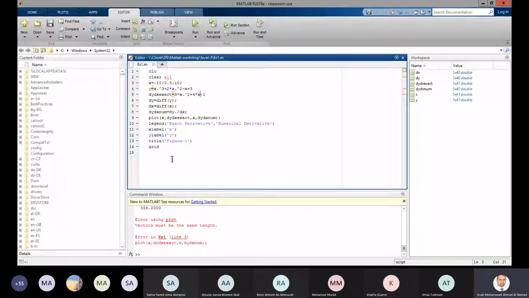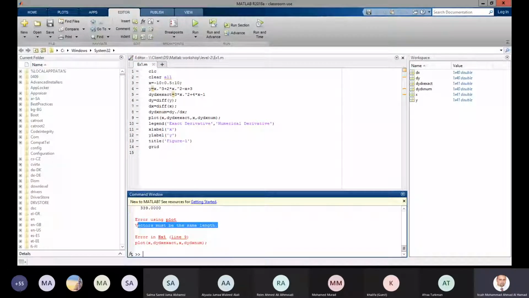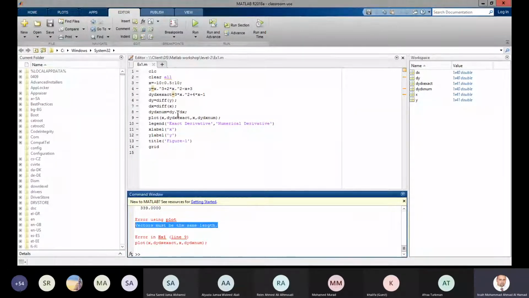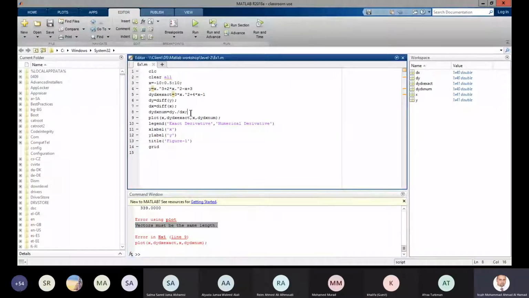Now we have a problem here. Vectors must be the same length. If you go back to the definition of the derivative, it always takes a value of x minus, for example, dy equals y2 minus y1. Now if you look at dy/dx numerical, it is dy by dx.